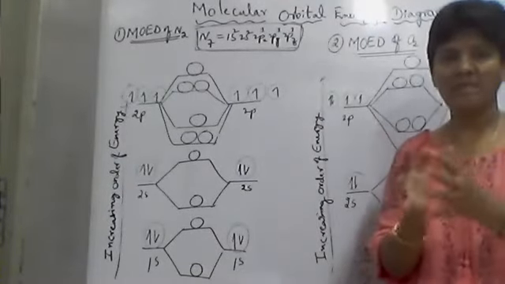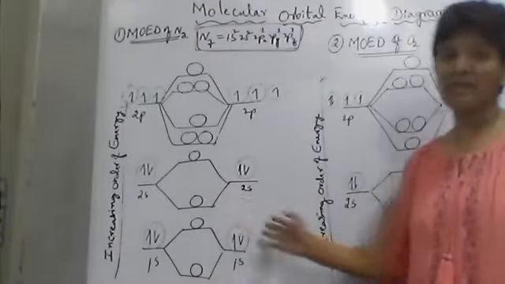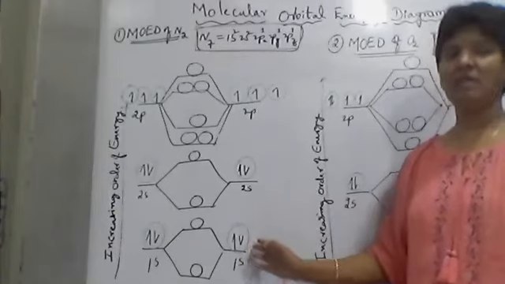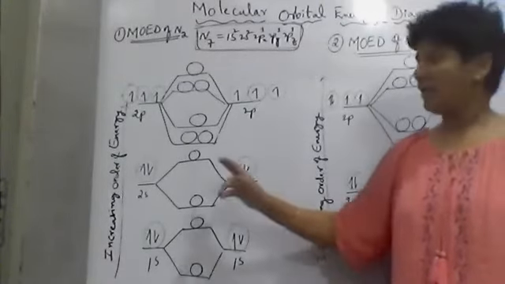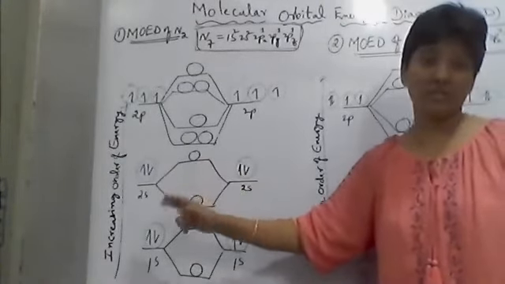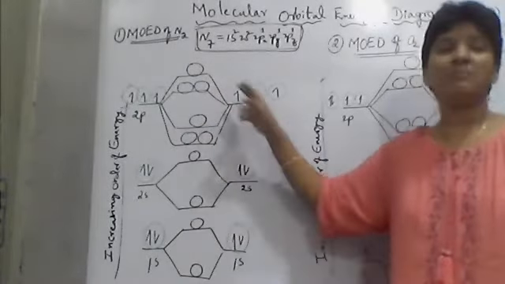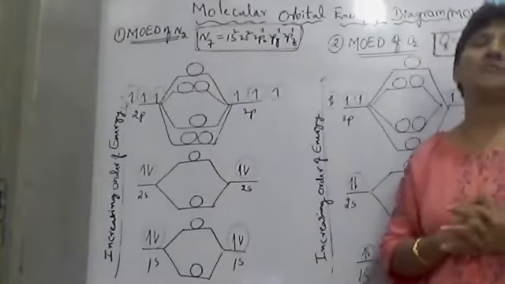So when two atoms are combining, all their orbitals are combined. 1s of the first nitrogen with the 1s of the second nitrogen, 2s of the first nitrogen with 2s of the second nitrogen, 2p of the first nitrogen combines with the 2p of the second nitrogen.